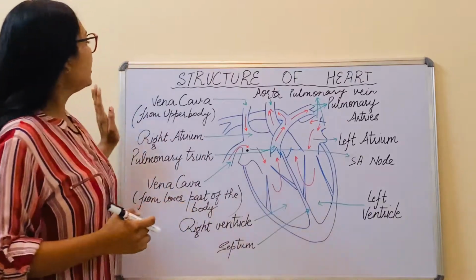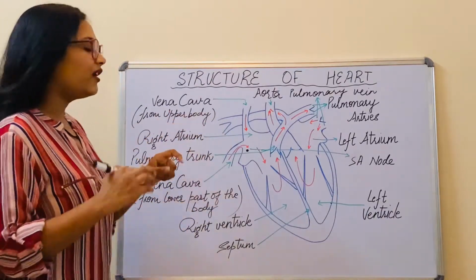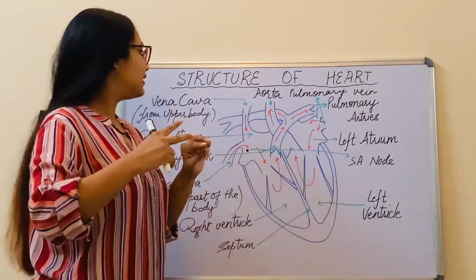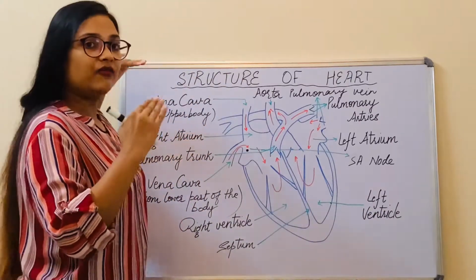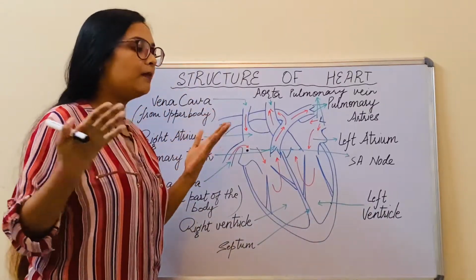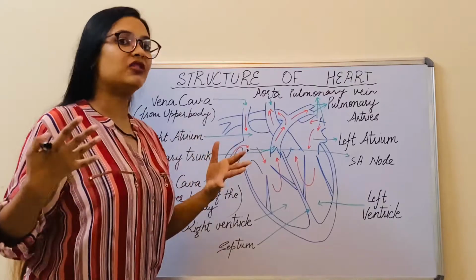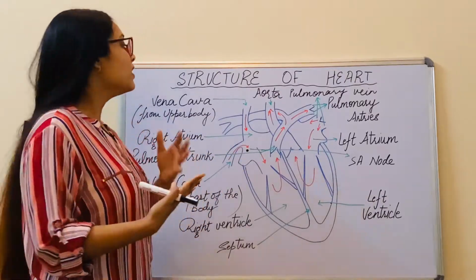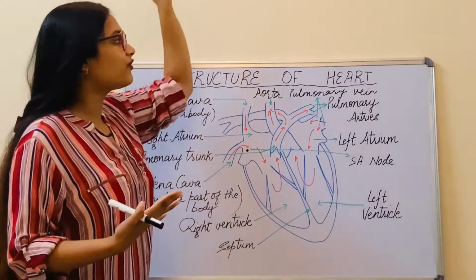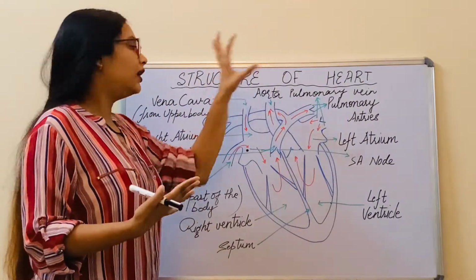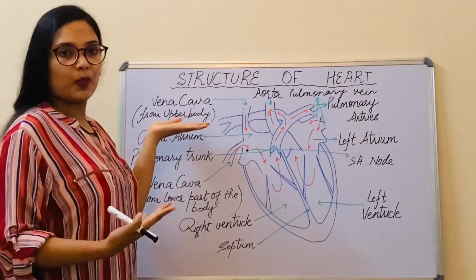So, this is the vena cava. There are two vena cavas. Basically, the vena cava is the great vessel which is formed by the merging of all the veins of the body. So, all the veins from the upper part of the body merge together to form the superior vena cava.